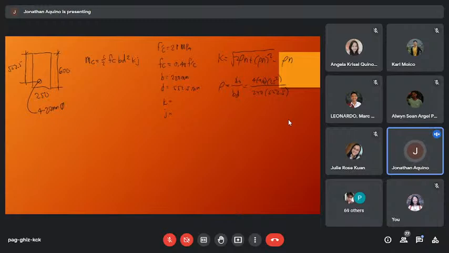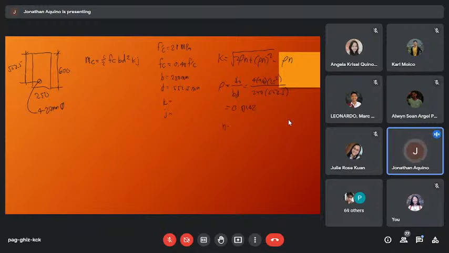So this will give a rho value of, can you compute? 0.0142. So we now have the value of rho. What else do we need? The value of n.